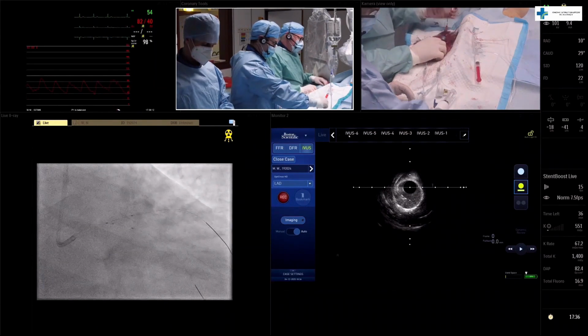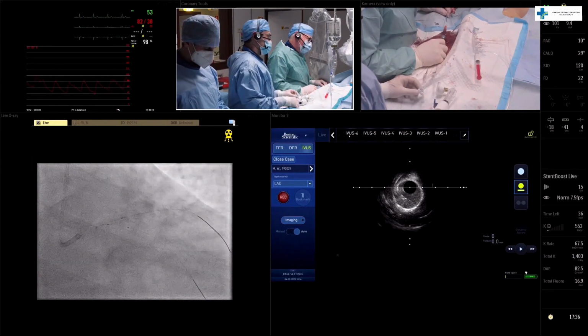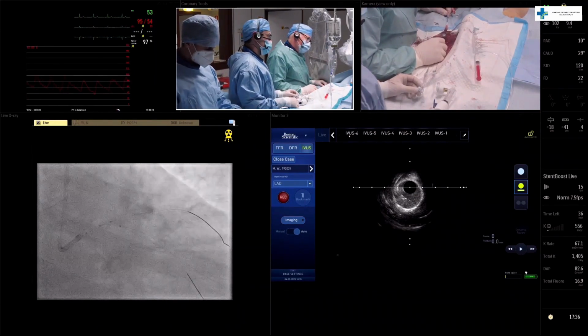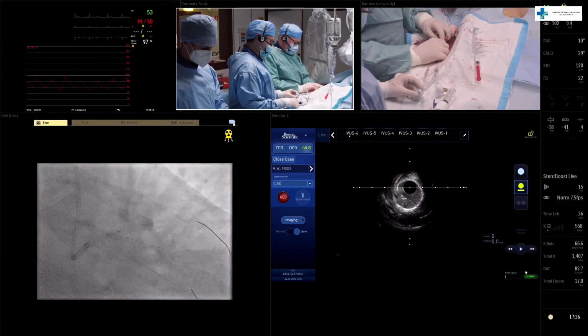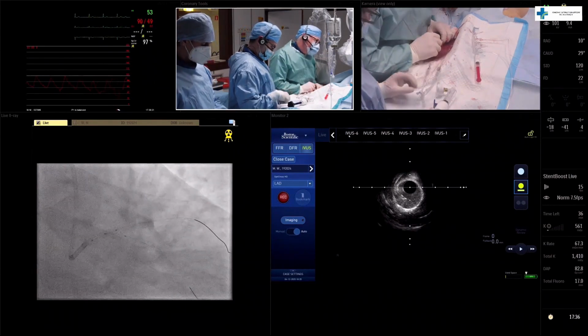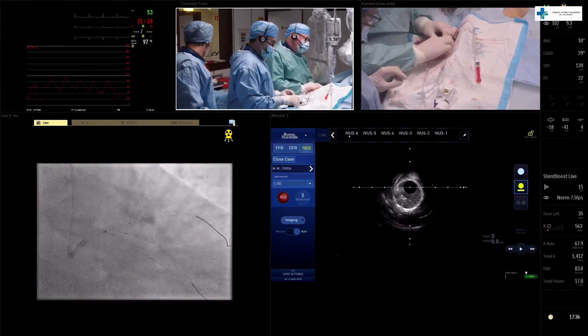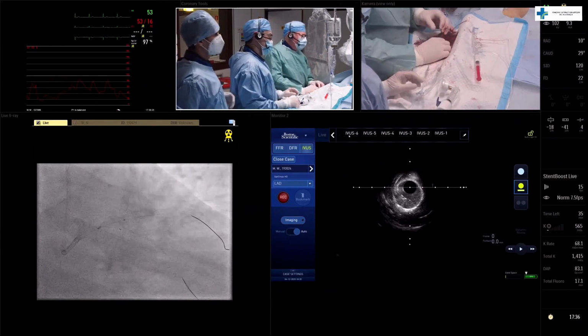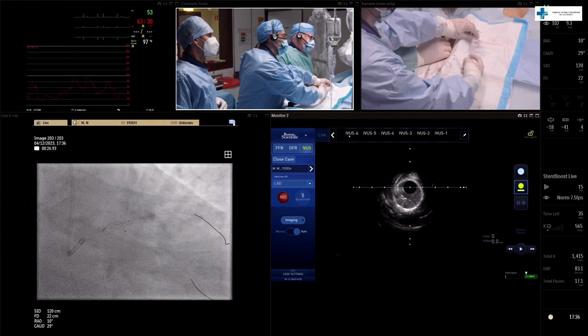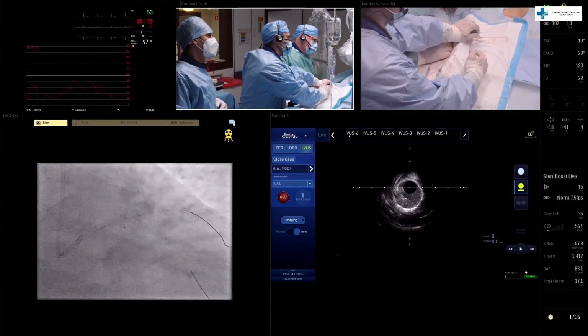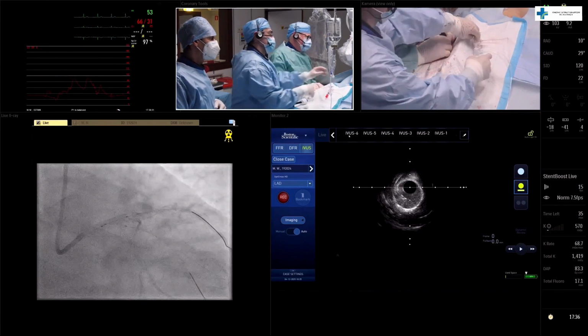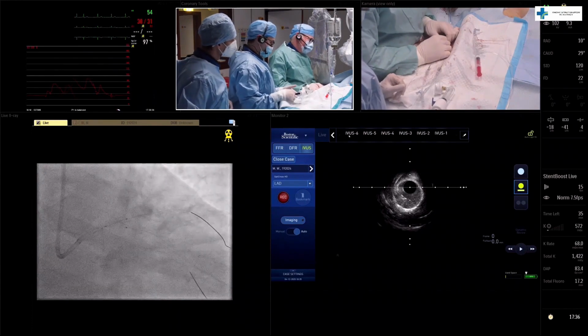And now we can a little bit reposition the guiding, now it is going into the stent. We have better support. We are going to LAD, and we can check where we are with our balloon in obtuse marginal. Test. Okay, this is perfect. So let's open it.